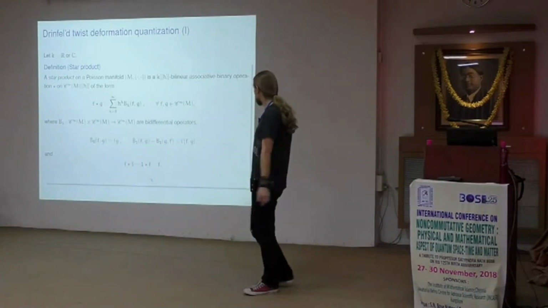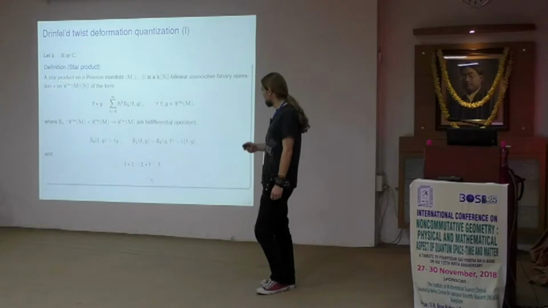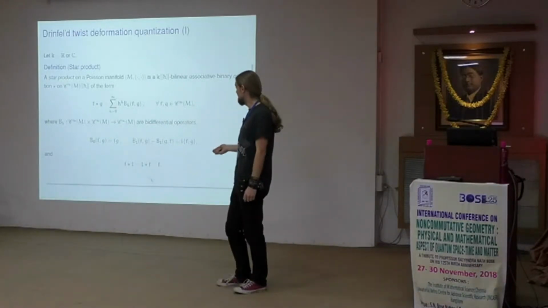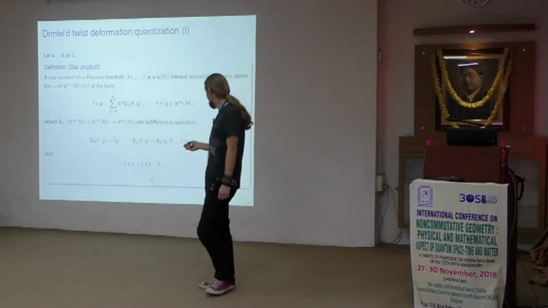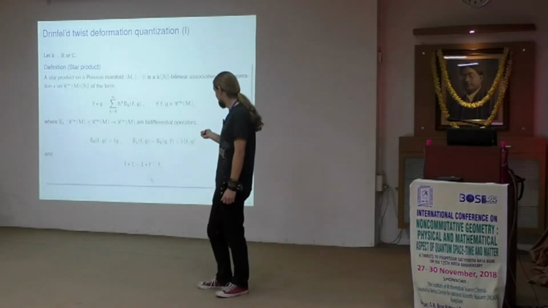And okay, there are some properties. You would like to have the pointwise product of functions in zero order, and you want to have the Poisson bracket back in the first order.